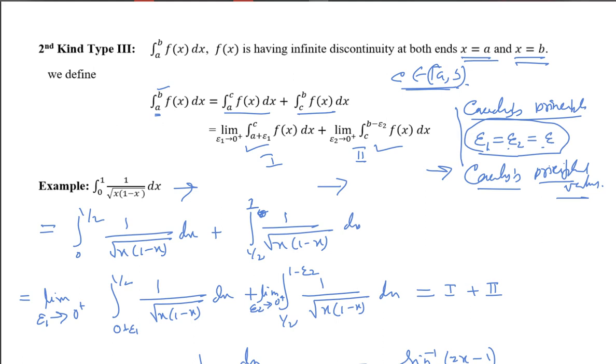Generally, if you put epsilon 1 equal to epsilon 2 equal to epsilon, I am not taking epsilon 1 and epsilon 2 separately, I am taking epsilon only.